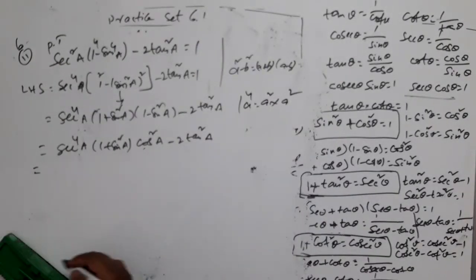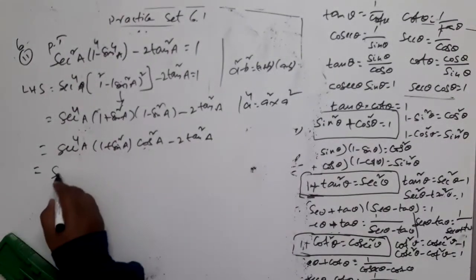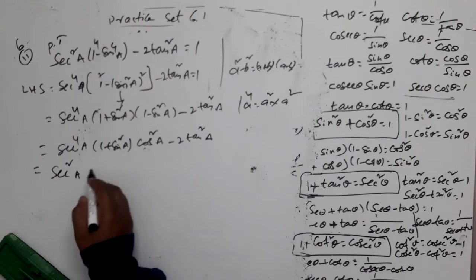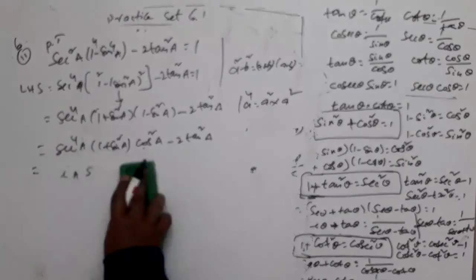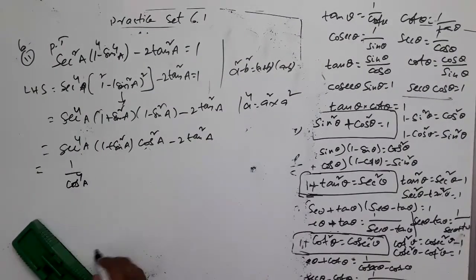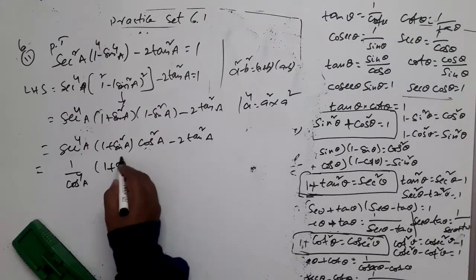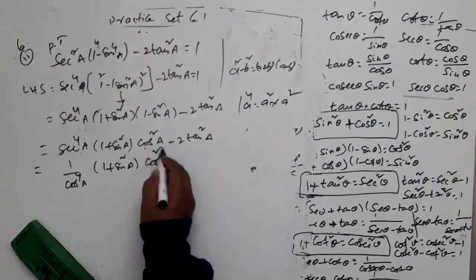Yes, I will use that here. Why? Because cos square A is there. If I have secant square A, I can cancel them. That's why I am splitting this like this. Secant square A multiplied by secant square A. Or simply, I am writing it as 1 by cos power 4A. Can I write like this? Because secant A is 1 by cos A, reciprocal. Multiplied by 1 plus sine square A multiplied by cos square A.